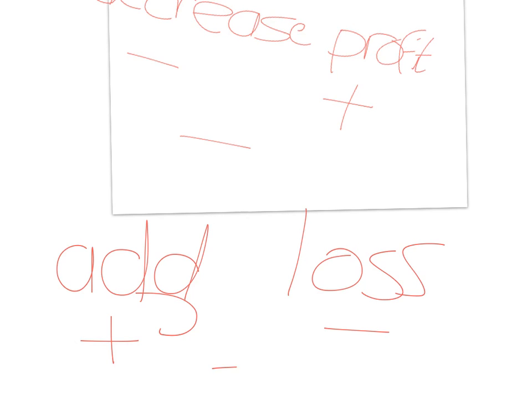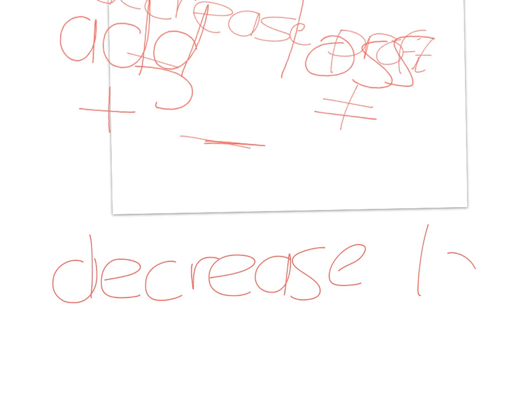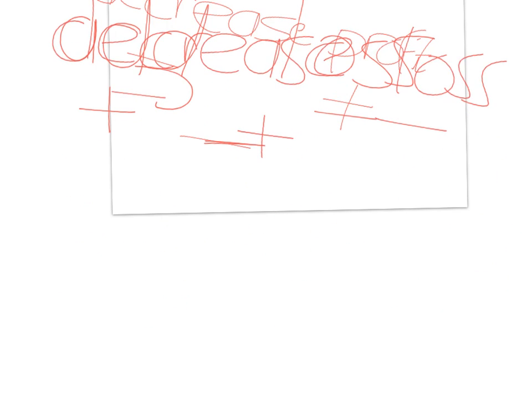No, we don't. We end up with a negative, okay? And the last example is if we decrease a loss, so our loss gets less than it used to be, so we're decreasing a loss, we're actually adding our money up.